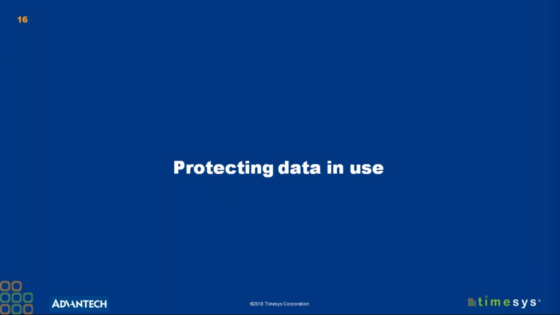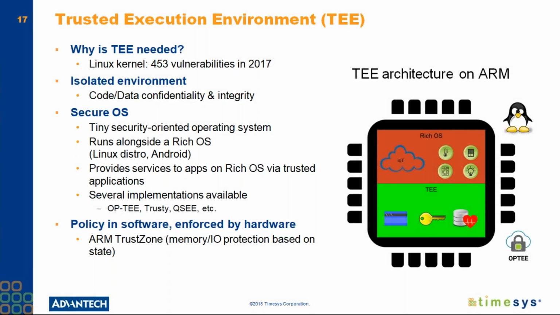So moving on, how do we protect data in use? To protect data in use, there is a concept of trusted execution environment. So why do we need a trusted execution environment? If you consider the Linux kernel alone, in 2017 it had 453 vulnerabilities.